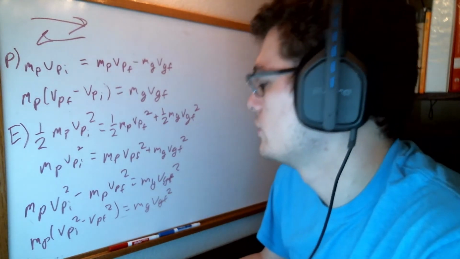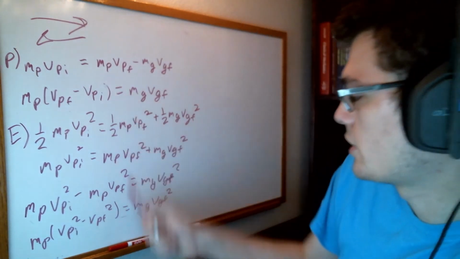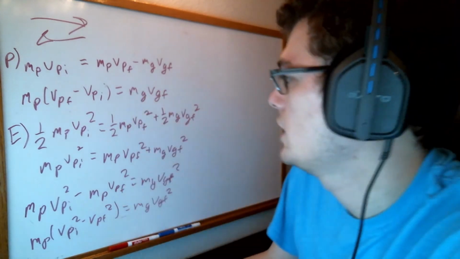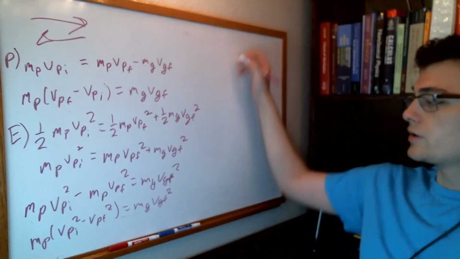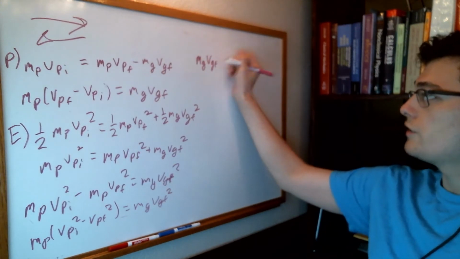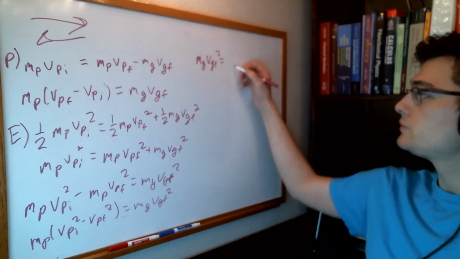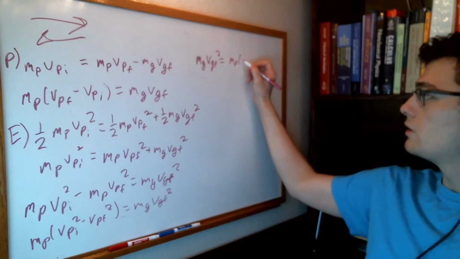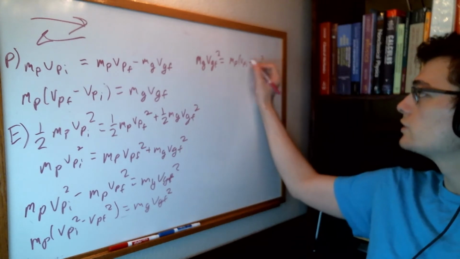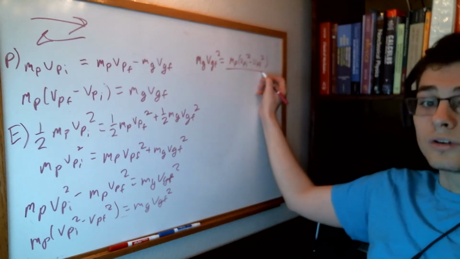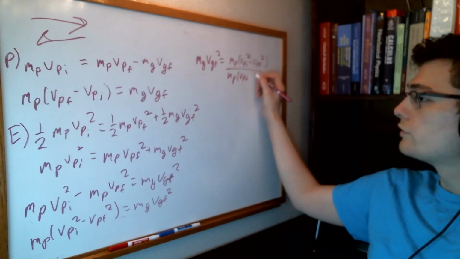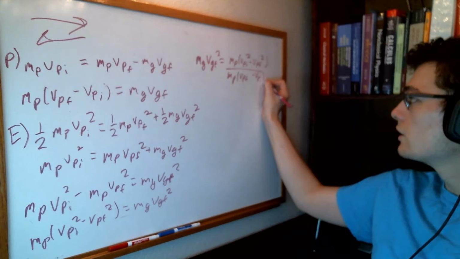So now what we can do is, if we divide these two expressions by each other, or if we divide this expression by this expression, we're going to end up with something that looks like this. So then we're going to have MG VGF squared is equal to MP times (VPI minus VPF) squared, all over MP times (VPF minus VPI).